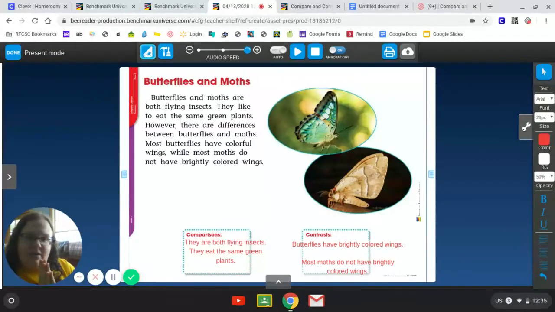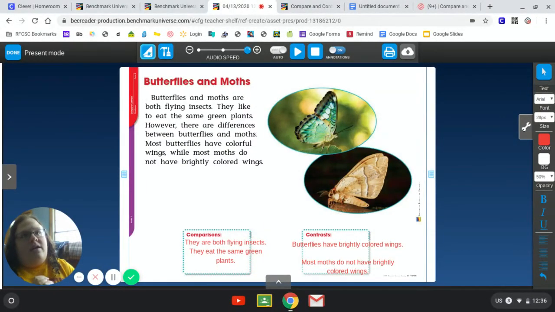This text was important because it helped us determine the similarities and differences between the butterflies and moths. So, what does it mean? What does text importance mean?